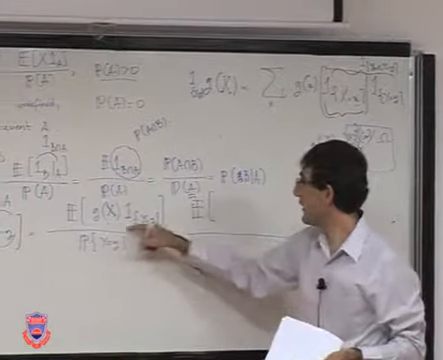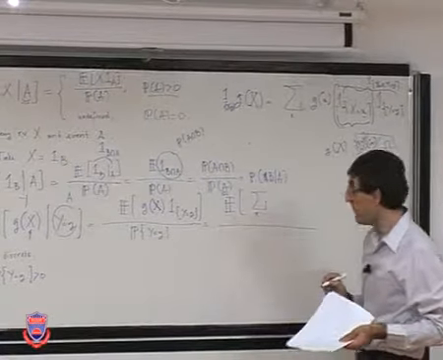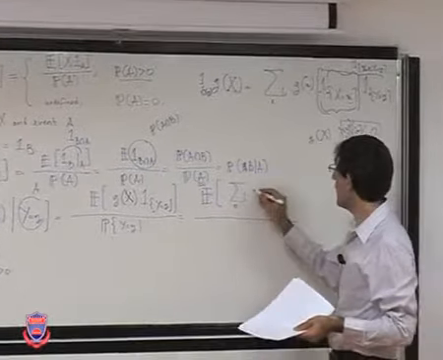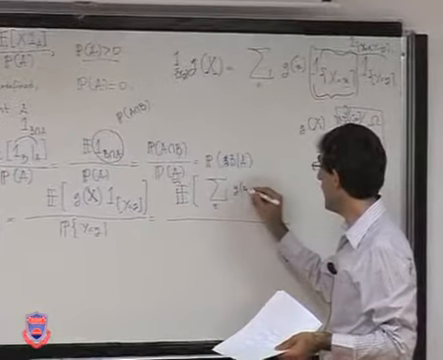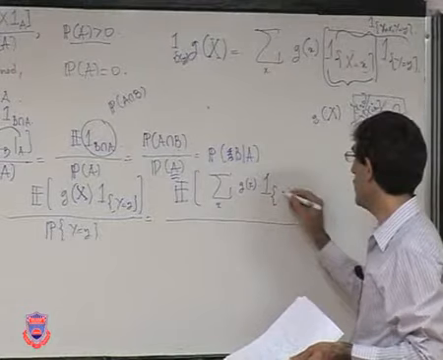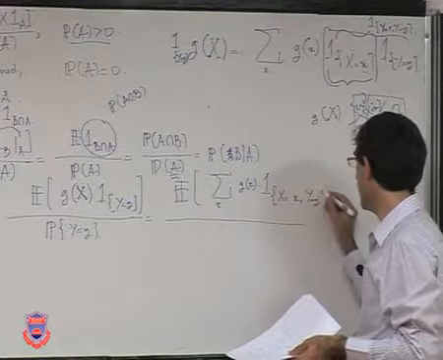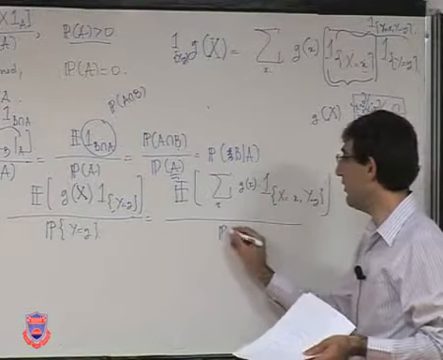So this is nothing but what? The sum over all possible numbers that random variable x can take, g of little x times the indicator of the event that x equals little x and y equals little y. And then I divide by this.